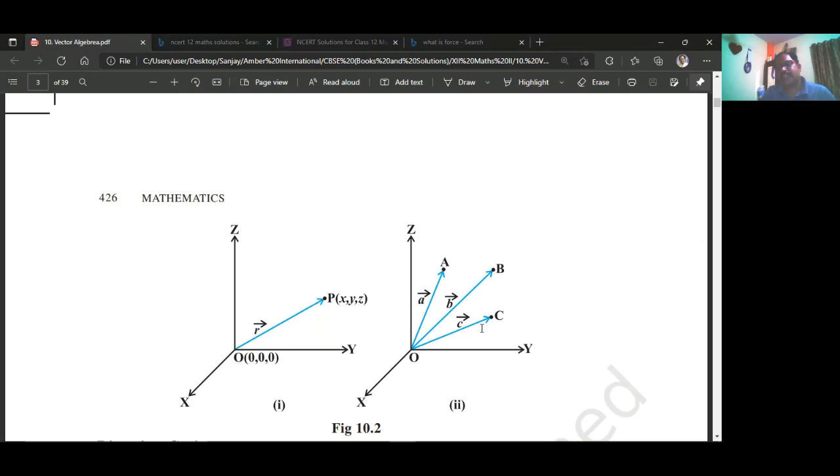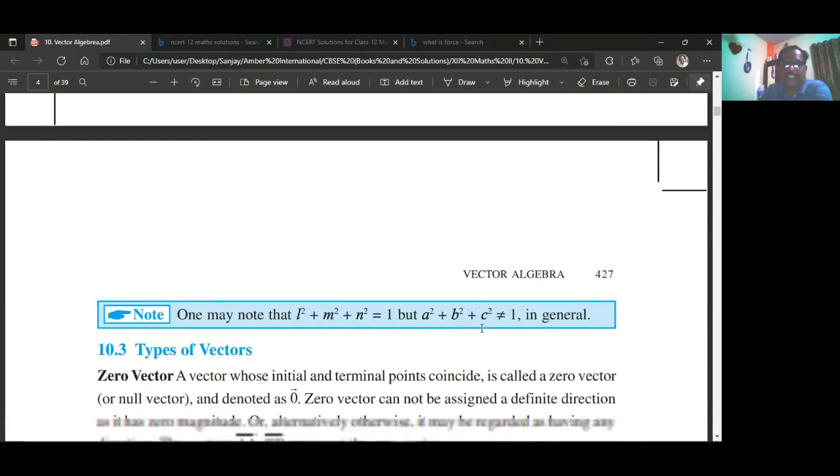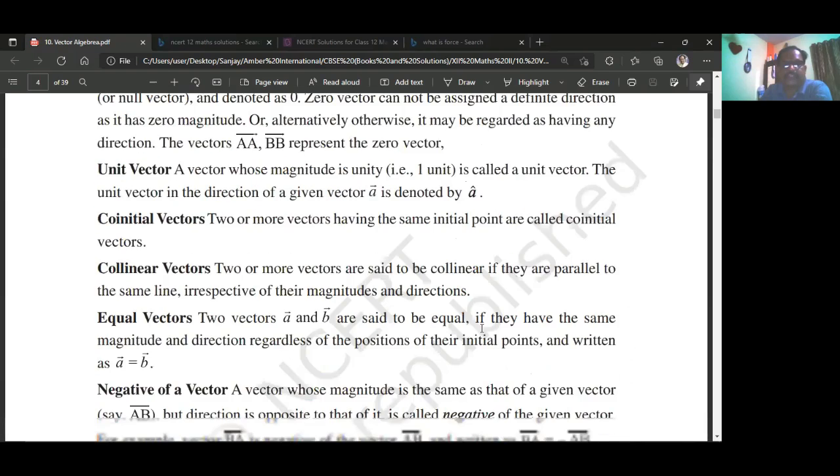So these vectors OA bar, OB bar, OC bar, or the vectors A bar, B bar, C bar are the co-initial vectors whose initial point is the same. Two or more vectors are said to be co-initial vectors if they have the same initial point, right?